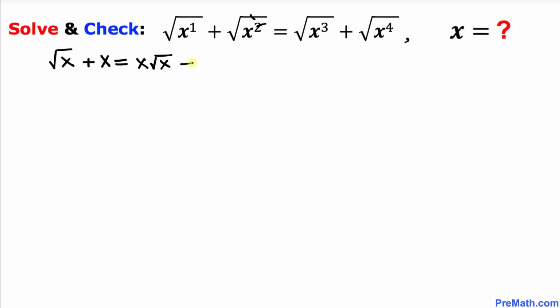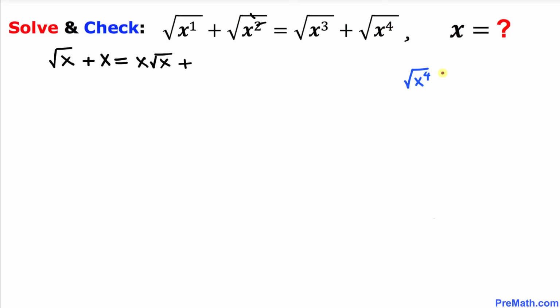let's focus on this one, square root of x^4. Here I have copied it down, and now this radicand x^4 could be broken down to x^2 times x^2. Now we can break down this radical, so we get square root of x^2 times square root of x^2 as well.